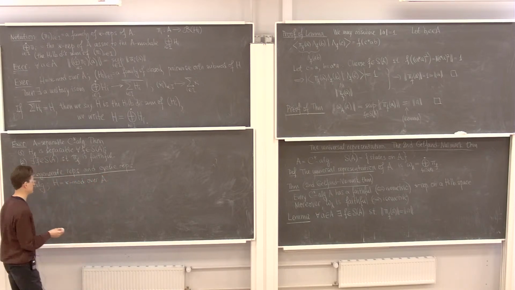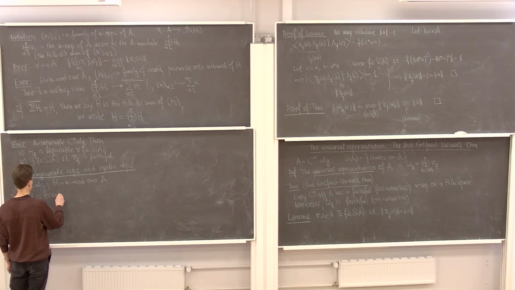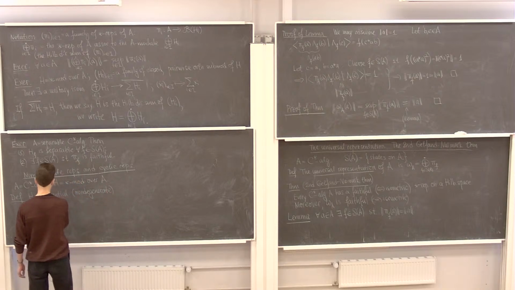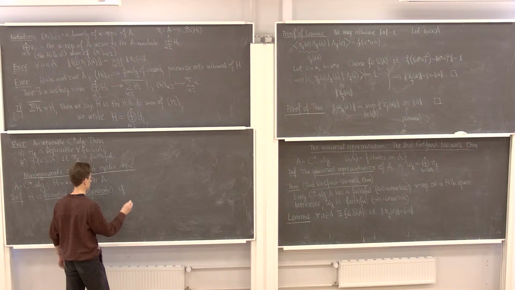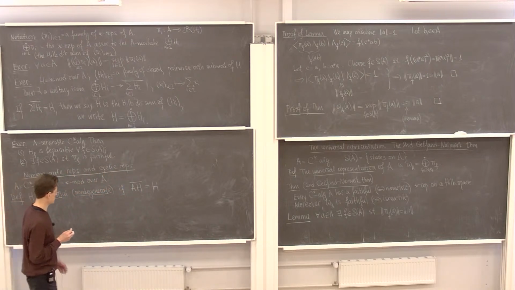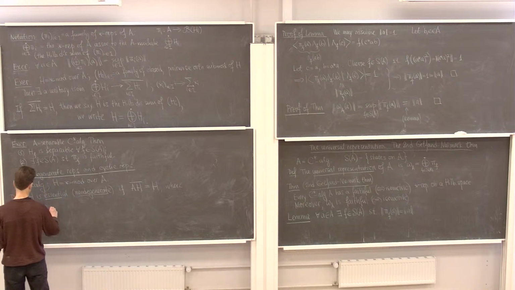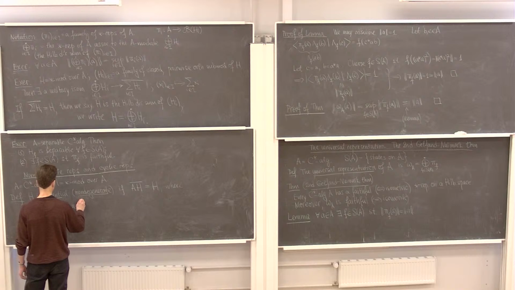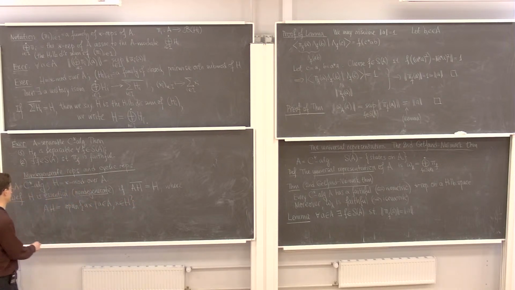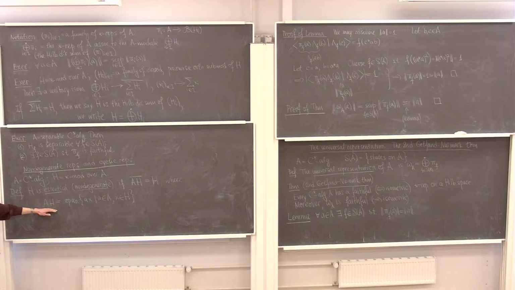We say that H is essential, or non-degenerate, if it satisfies the following condition: the closure of AH is equal to H, where AH is just the linear span of all elements of the form ax, where a runs over A and x runs over H. Clearly AH is a submodule in H, but not necessarily closed.